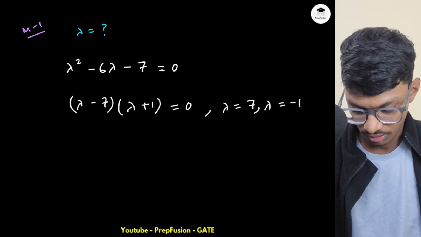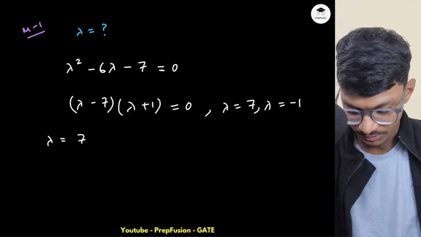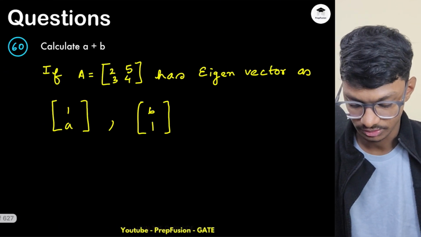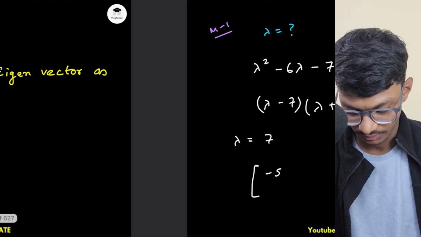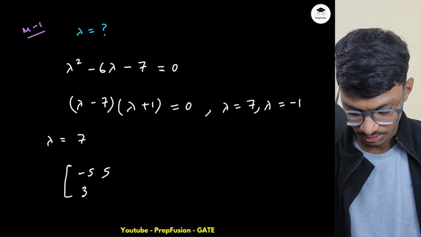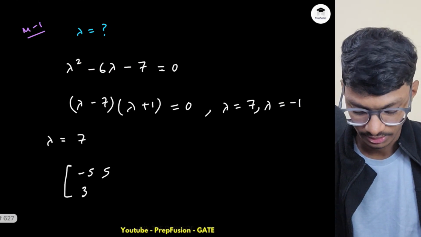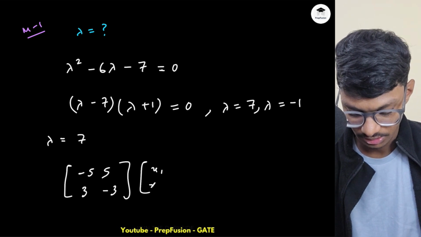Now you can find the eigenvector corresponding to lambda equals 7. So this is A minus lambda I: -5, 5, 3, and subtracting 7 from 4, I get -3.